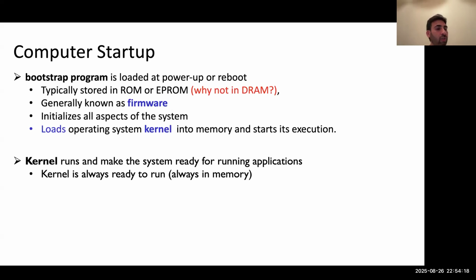However, this is never done with the kernel, because the kernel is responsible for managing resources and running the applications. So it always resides in the memory once it is loaded from the disk and your system is running, which means that power is available, right?